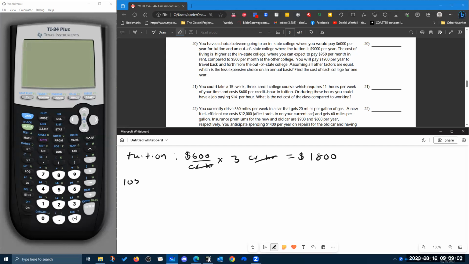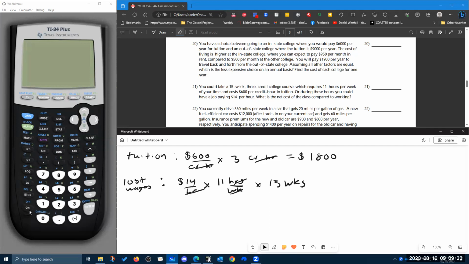But now you have to calculate your lost wages. There's the rate at which you would have been paid, which was $14 an hour, times 11 hours a week, times the length of the course, which is 15 weeks.